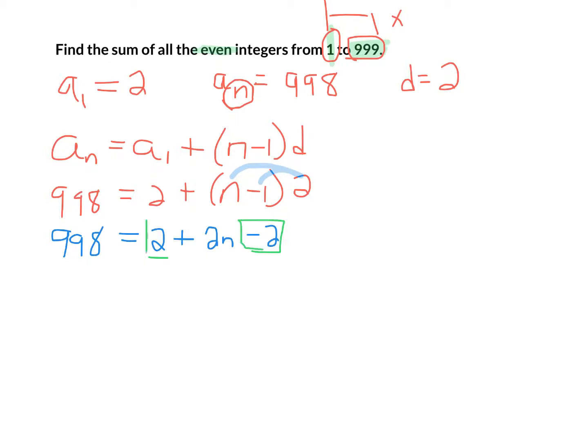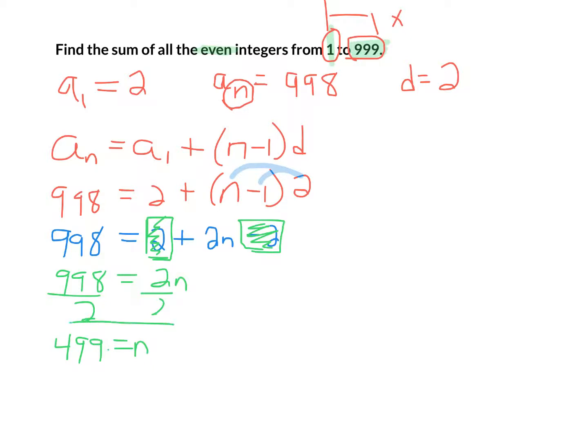So if I take positive 2 and subtract 2, these completely cancel. So I'm left with 998 is equal to 2n. So when I divide by 2, n is going to equal 499. So there are 499 terms in the sequence.